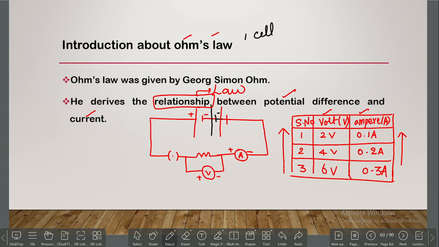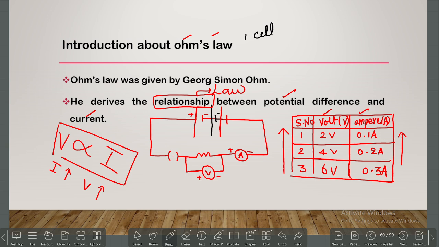That means we can say potential difference is directly proportional to the current passing through the conductor. If more current is passing through the conductor, the potential difference created across its ends is going to be high. If less current is passing through the conductor, the potential difference across its ends is going to be less.